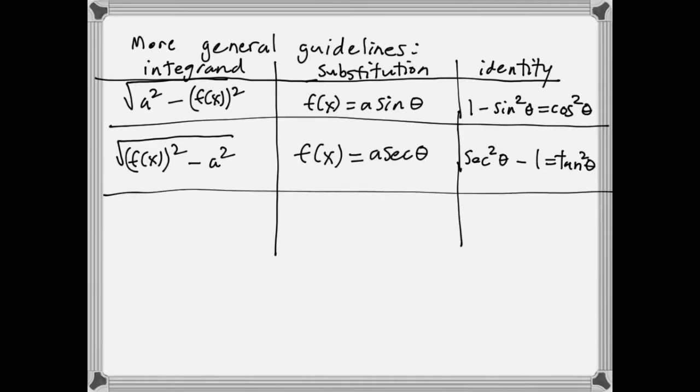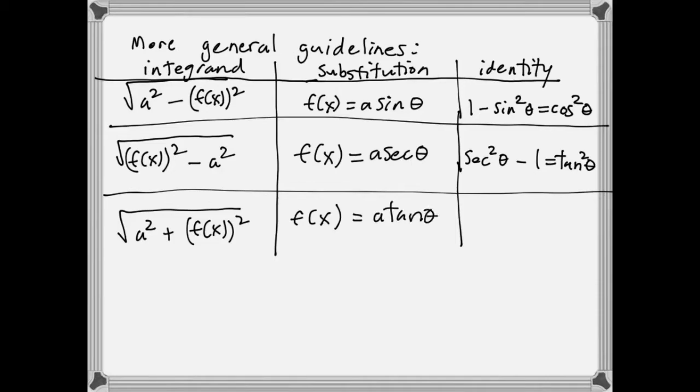And then finally, if you have a squared plus f of x quantity squared, then you're going to let f of x be a tan theta. And so this is going to become 1 plus tan squared theta is equal to secant squared theta.